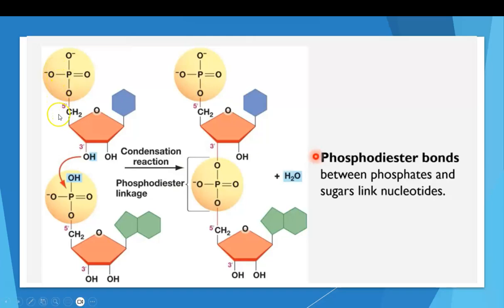And so it makes the backbone of the DNA, and those nitrogenous bases that we talked about are on the inner side of the DNA. If you imagine a ladder, the backbone is made of sugar and phosphate, so you can see the phosphate group here, and then we have a 5 carbon sugar, like this.